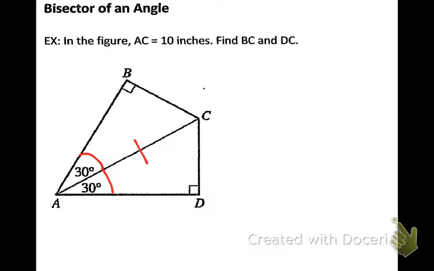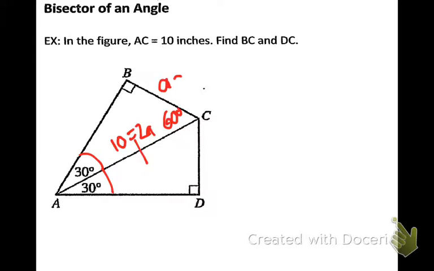Okay, so AC equals 10. What kind of triangle is this? 30, 60, 90, right. The remaining angle is going to be 60. So what can I do about the sides? We can do our map, right? So 10 equals 2A. A equals what?